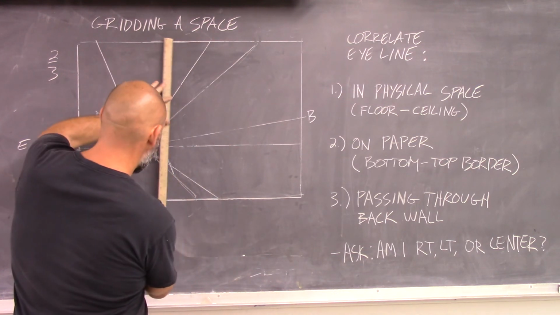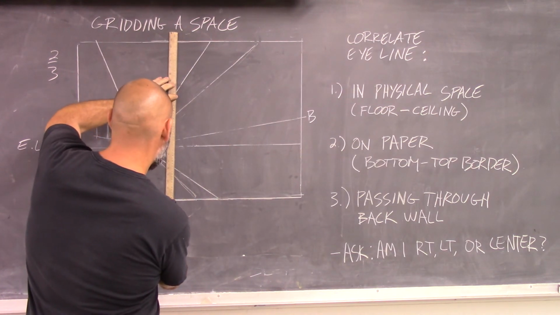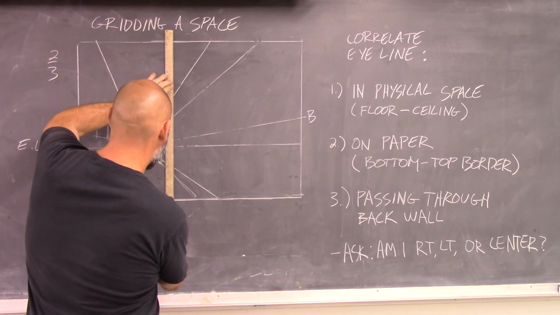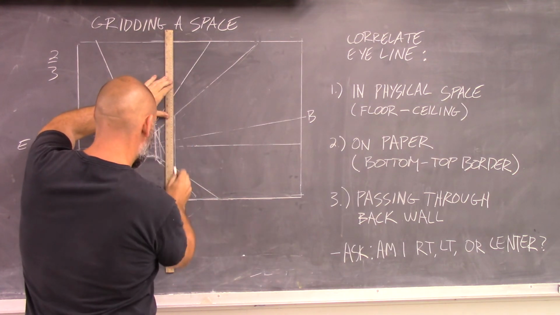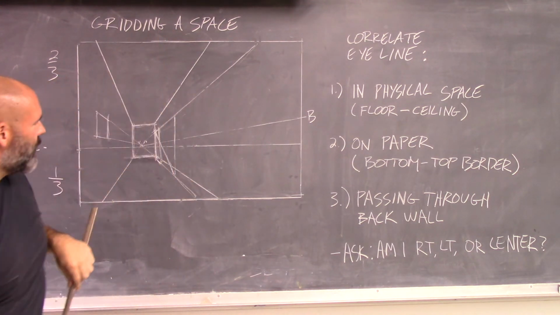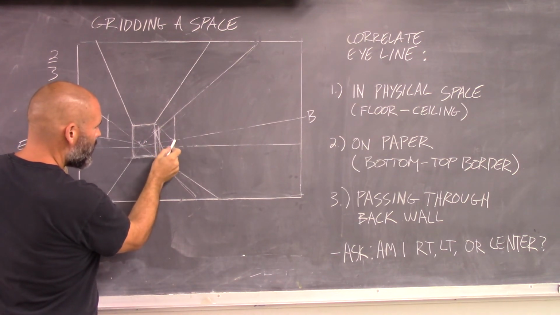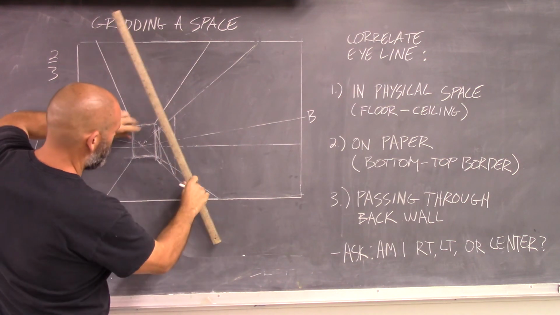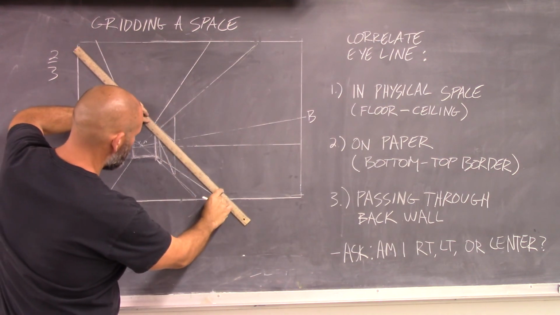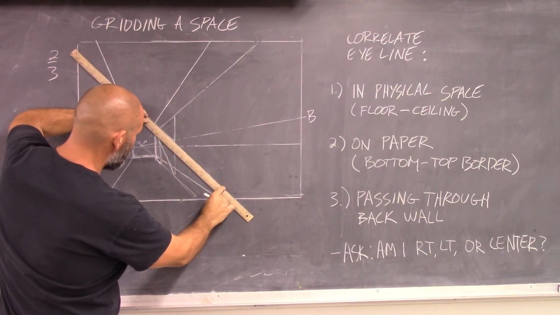And this tells you where your next increment is happening. All right? And then the same thing repeats. Shoot another diagonal down from the previous vertical that you just drew.